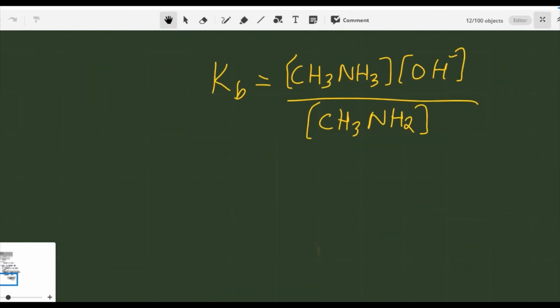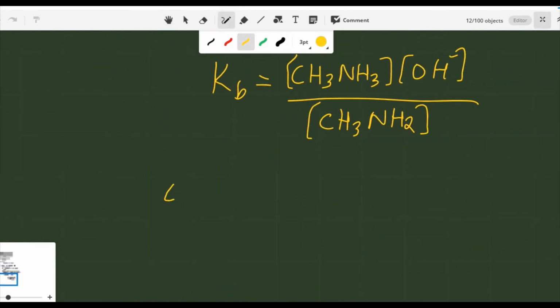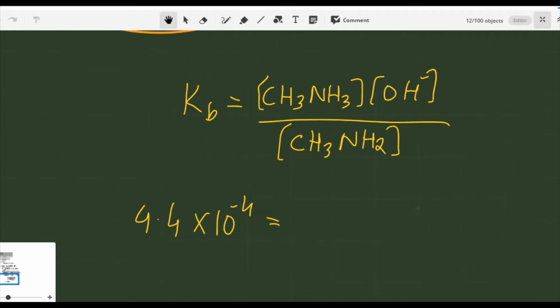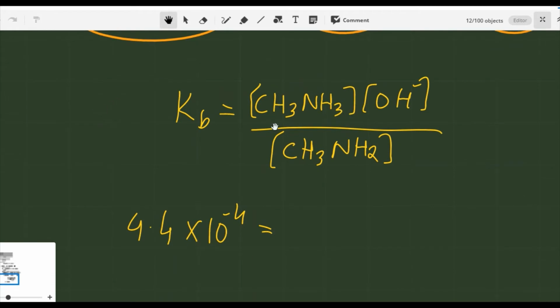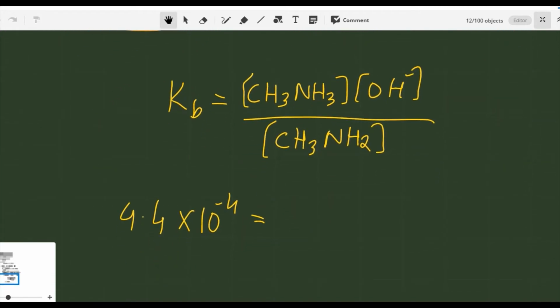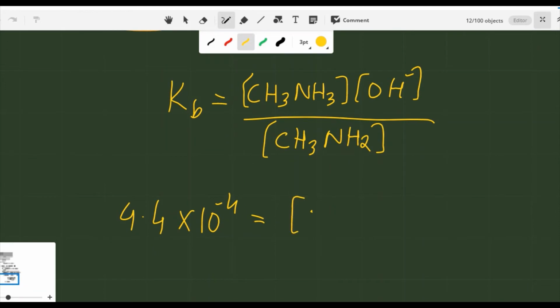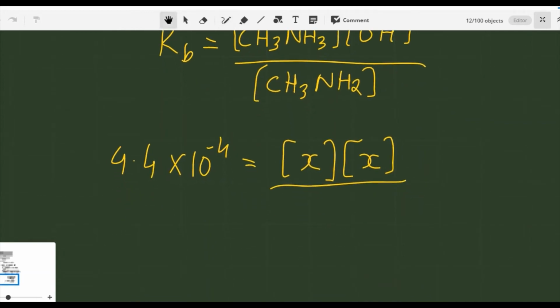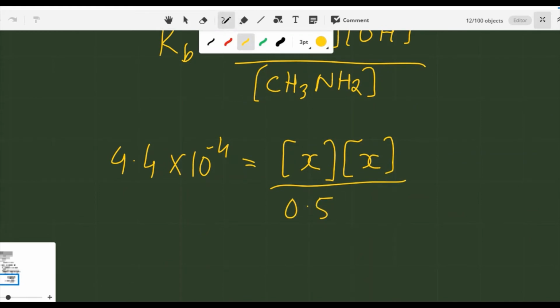So here I am going to write 4.4 times 10 to the power negative 4 is equal to, the concentration of CH3NH3 is represented by x, the concentration of OH is also represented by x, while the concentration of CH3NH2 is represented by 0.57 minus x.